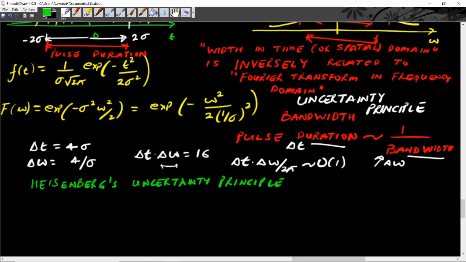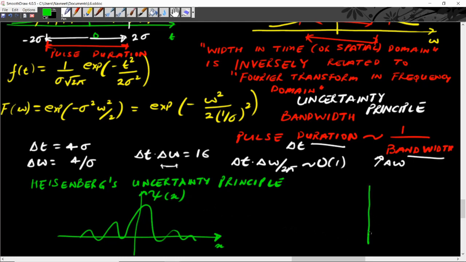So the idea is that if we represent a quantum object with, let's say, some waveform in space, then we can alternatively represent that waveform in the wave number domain.